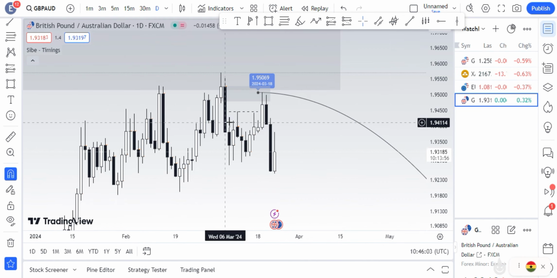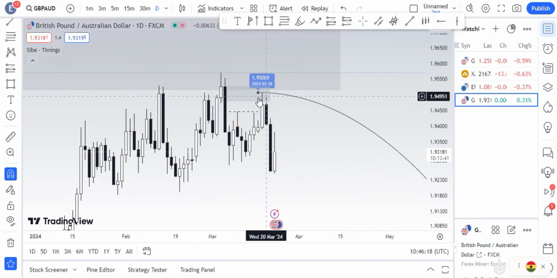The week opened on Monday, and it's the Sunday opening actually, but we usually call it Monday. Then we traded on Tuesday right into this particular order block.